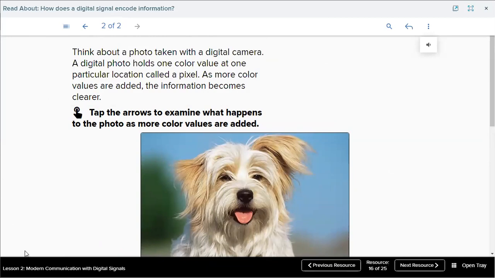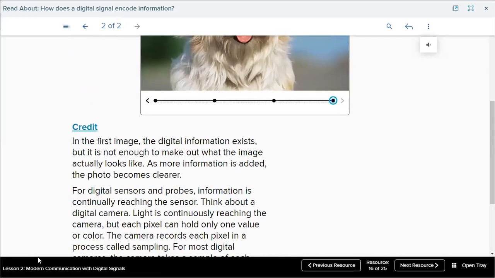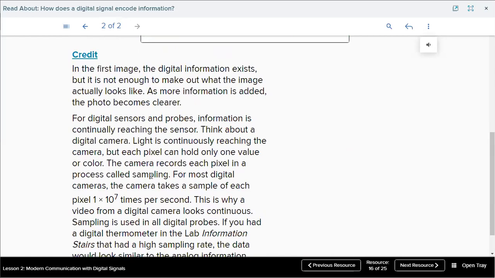Think about a photo taken with a digital camera. A digital photo holds one color value at one particular location, called a pixel. As more color values are added, the information becomes clearer. Okay, can you read, Yahya, the first paragraph?